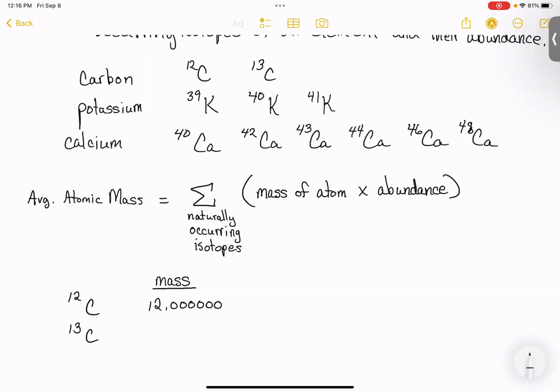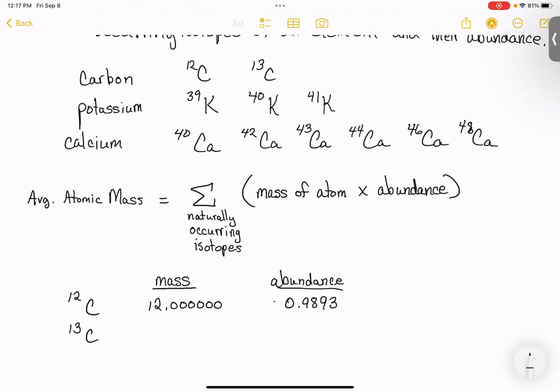And its abundance, this form of carbon occurs 98.93% of the time, or in other words, its abundance is 0.9893.